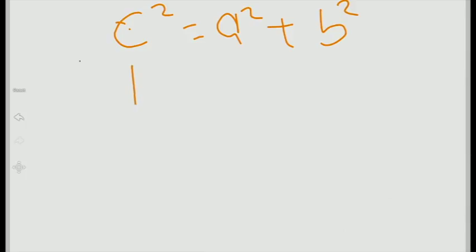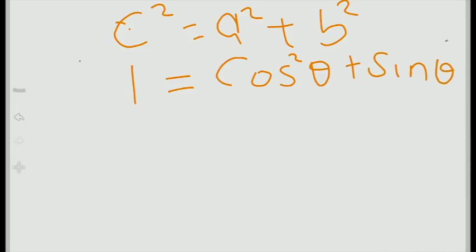Using the Pythagoras formula, we found that 1 is equal to cos squared theta plus sine squared theta when we had a right angled triangle ABC, where the sine of angle theta is A over C and the cosine of angle theta is B over C. So if C squared is equal to A squared plus B squared, then 1 is equal to cos squared theta plus sine squared theta.